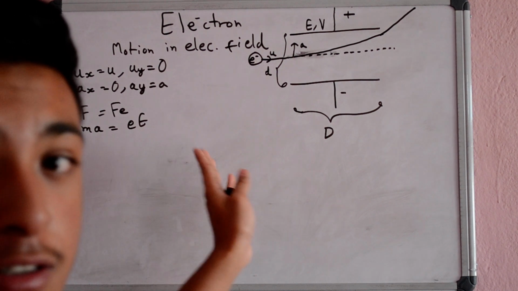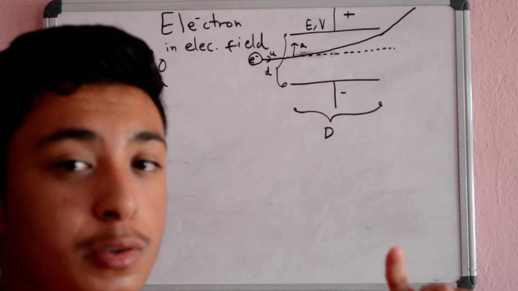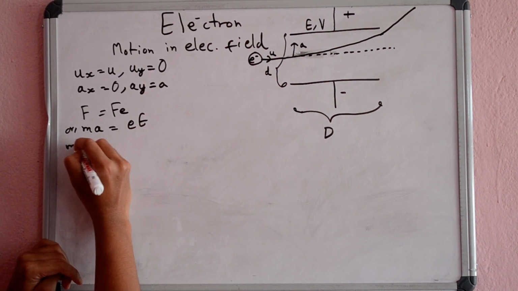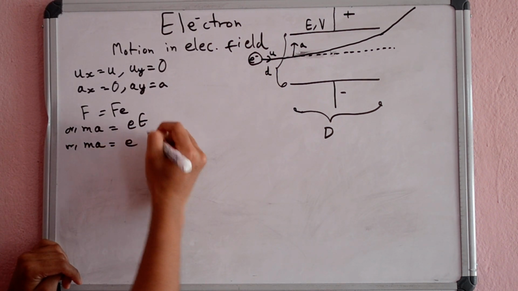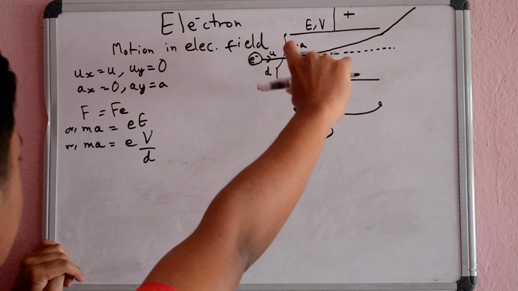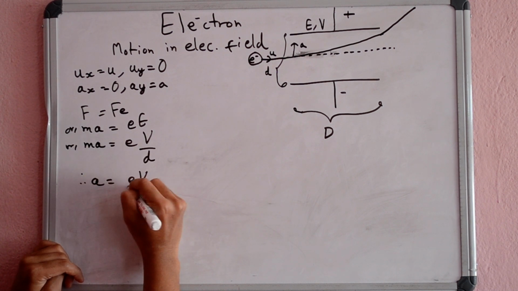If you remember in electrostatics, we need both the knowledge of electrostatics here and also projectile motion here. So ma equals to eE, where E is just the potential difference V by distance between the plates. So therefore acceleration equals to eV by md.